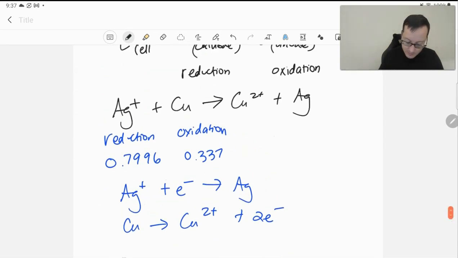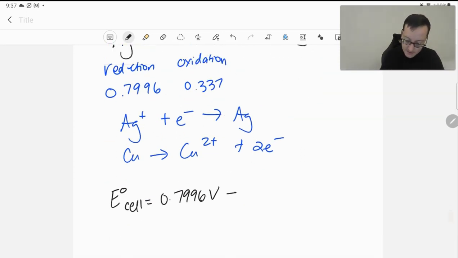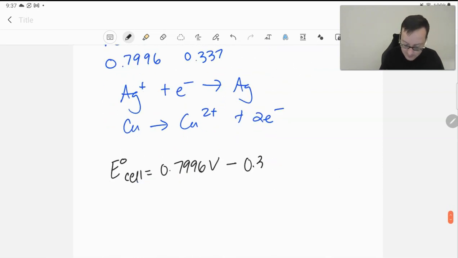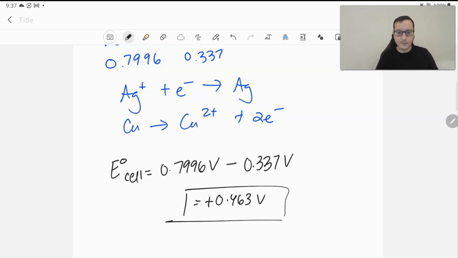That will be our reduction, the silver, 0.7996 volts, minus 0.337 volts. Doing this math, 0.7996 minus 0.337 is 0.463 volts. And that's a positive number. Even though typically in math and chemistry we don't indicate pluses, we will here for cells.